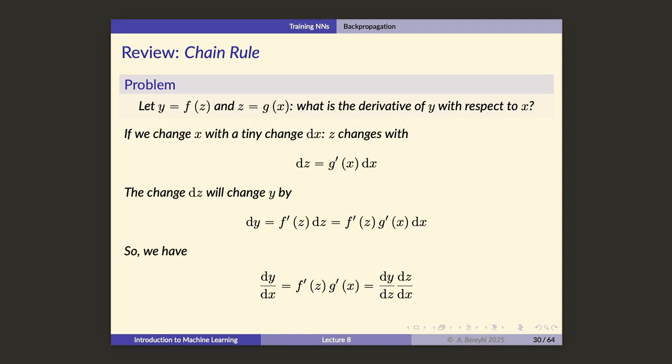And I keep on going till I get, for instance, here, dz2 divided by dz1. And what is the last expression? dz1 with respect to dx. So I'm going to keep going backward from the output till I get to the input that I look for. So this is what we call the chain rule. Everybody's clear?